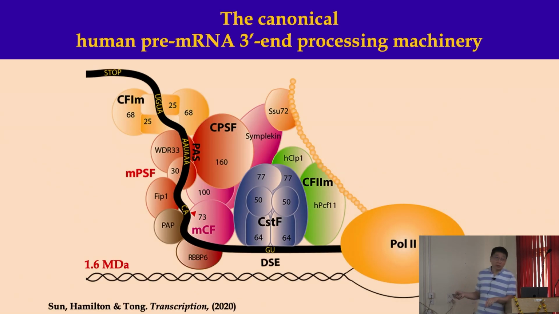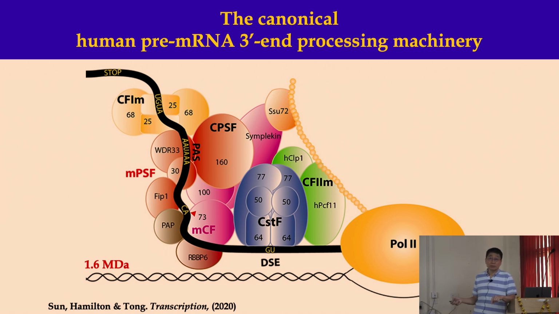Nature does this using a 1.6 megadalton machinery. Very, very complicated. Each bubble here is one protein, and the number on that bubble is the molecular weight. So this is CPSF 160, meaning the 160 kilodalton subunit of something called CPSF.